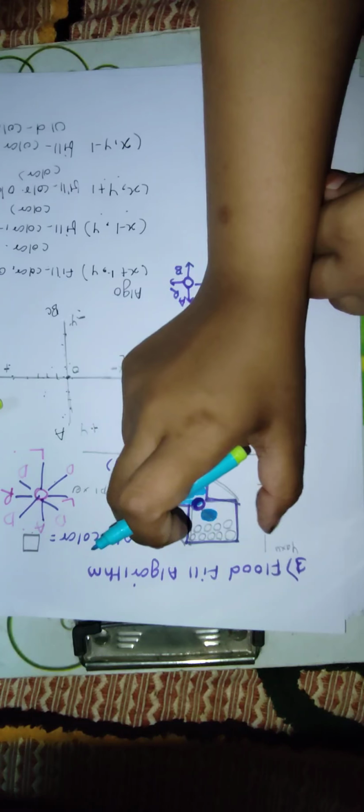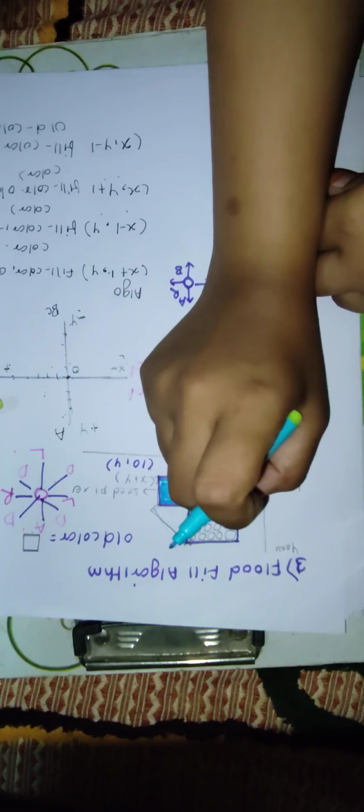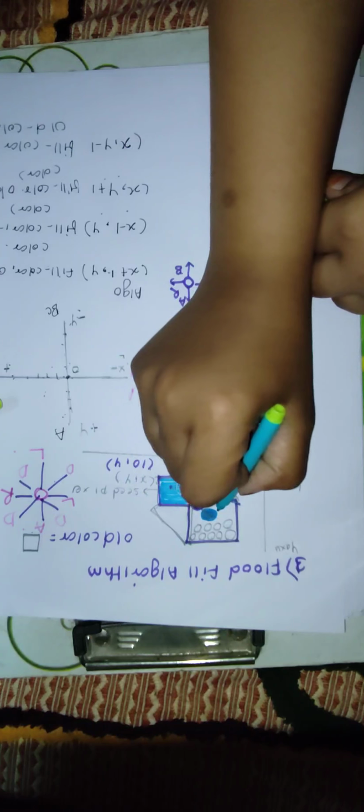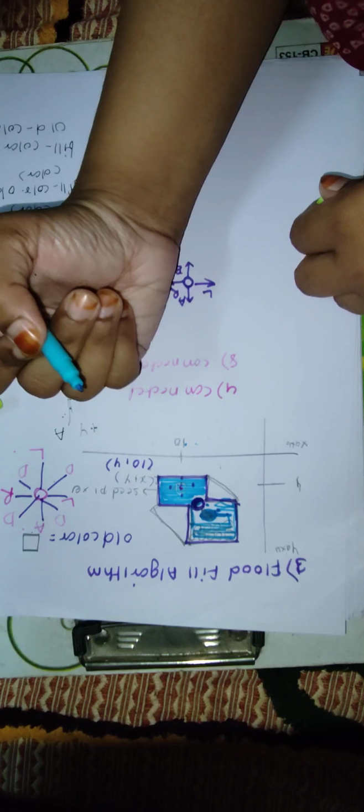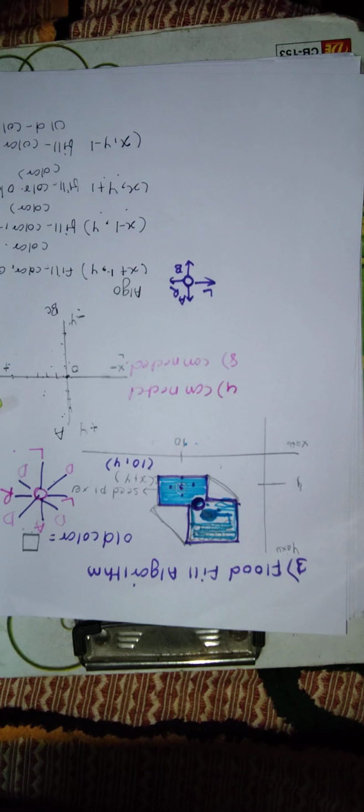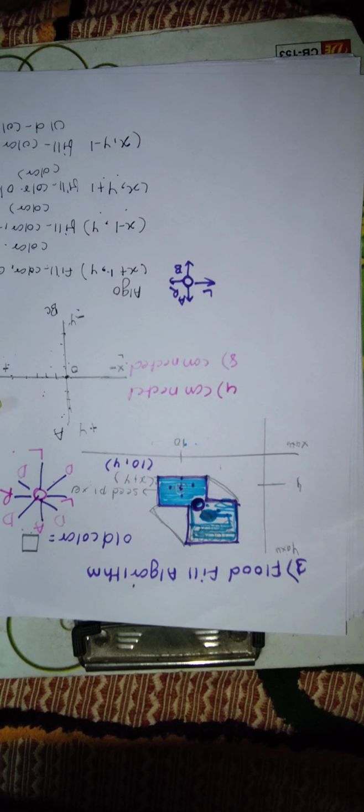Our old color will be white, so he puts the new color as sky blue, and then this pixel will be our seed pixel. Now the seed pixel will spread the color all over the polygon and fill that polygon with the new color. Okay, thank you.